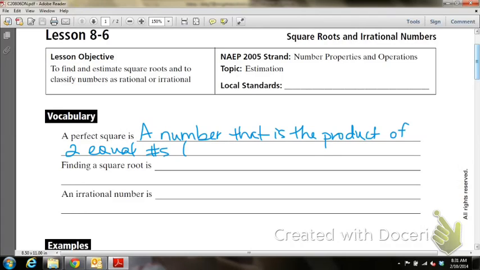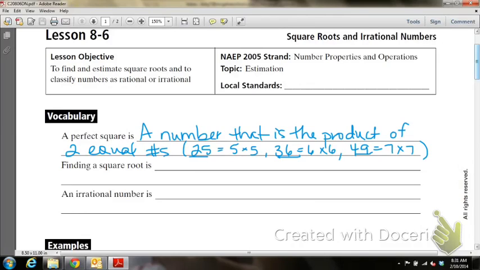For example, 25 is 5 times 5, so that's a perfect square. 36 is 6 times 6. What's another one? 49 is 7 times 7. Okay, so these, 25, 36, 49, and there's a ton of others, are all perfect squares, because there's a number that when you multiply it by itself, you get that as your answer.